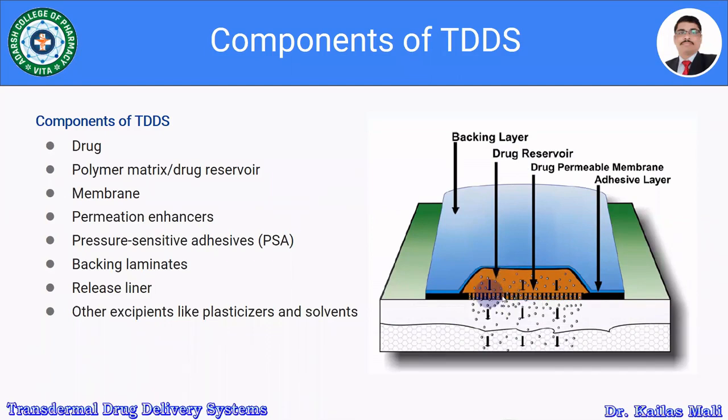Then at the bottom there is a drug permeable membrane, and lastly the adhesive layer. Below that, the release liner is present before application. At the time of application, we have to remove the release liner and place the patch onto the skin. Furthermore, the drug is going to be released and absorbed into the systemic circulation.